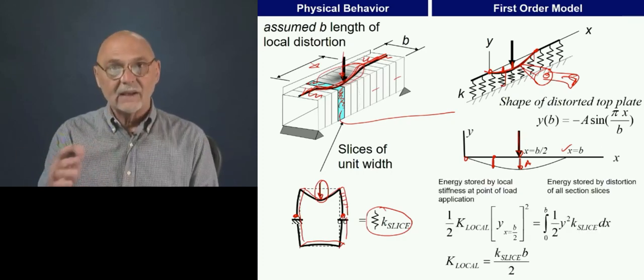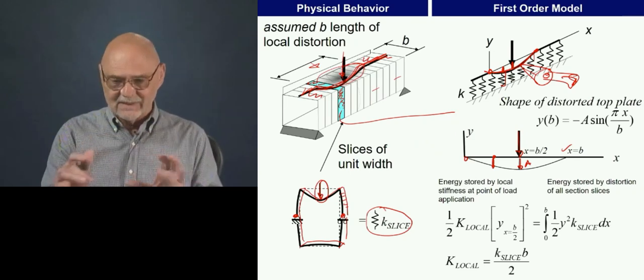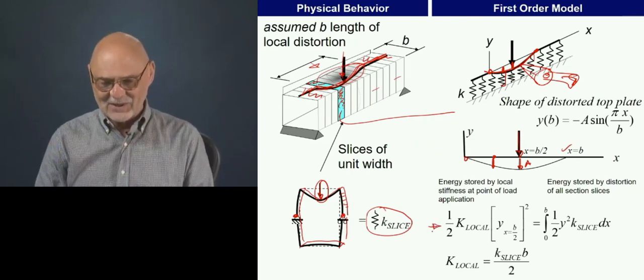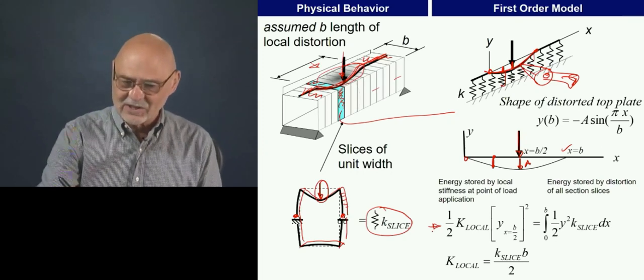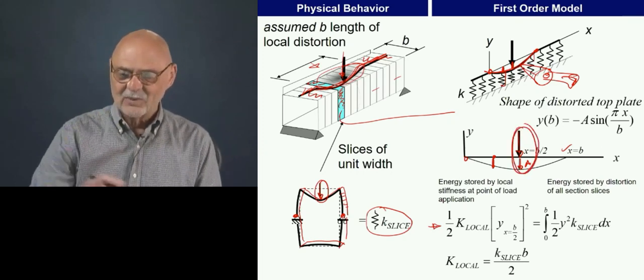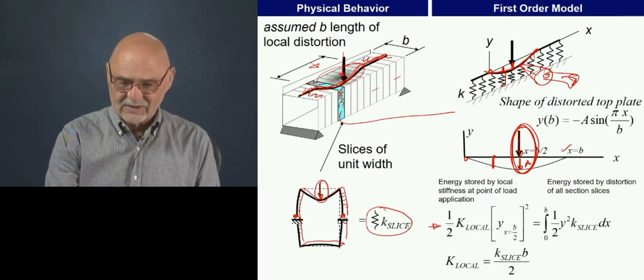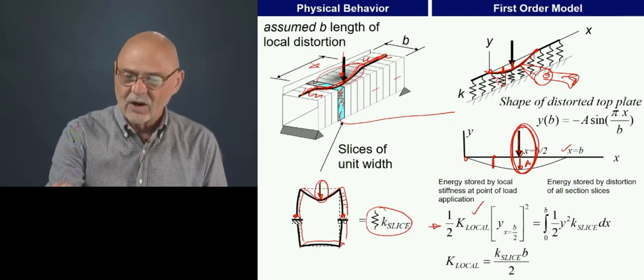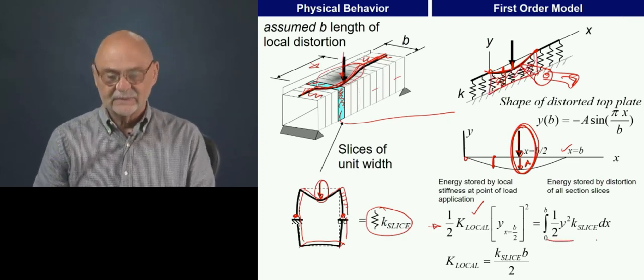Okay, so now we can look at energy principles, and again, don't freak out when you see the equation here. Basically, we just did a certain amount of work with this load, so that's this value here, and we stored that in deforming all the little springs over this region, and that's what this is.